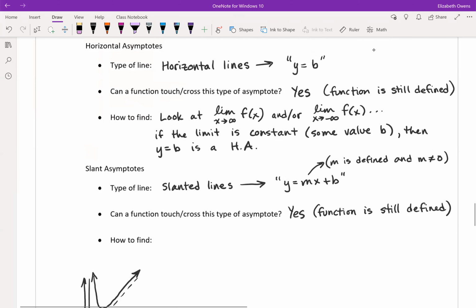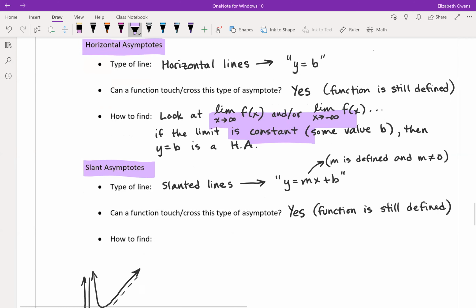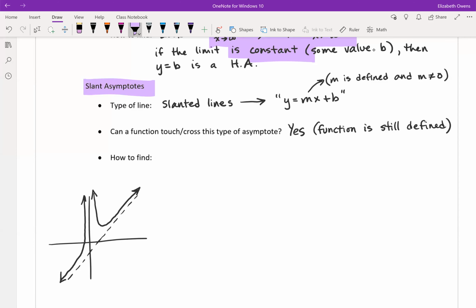So that is worth noting just off the bat here, because you cannot have a horizontal asymptote and a slant asymptote at the same time because of exactly that reason. With the horizontal asymptotes, those limits as x approaches infinity or negative infinity have to be constant. And for the slant asymptotes, those limits literally cannot be constant. They have to grow to positive or negative infinity.